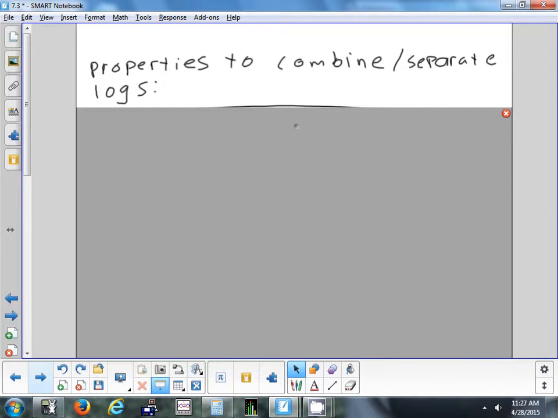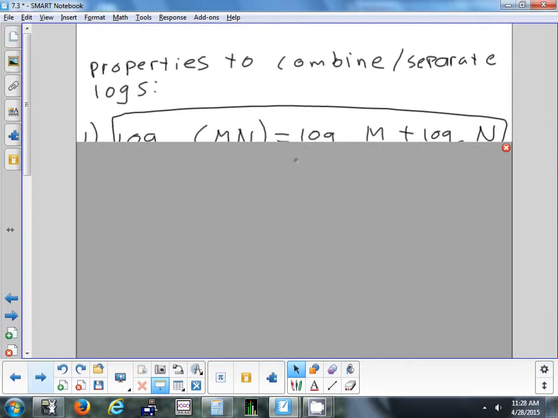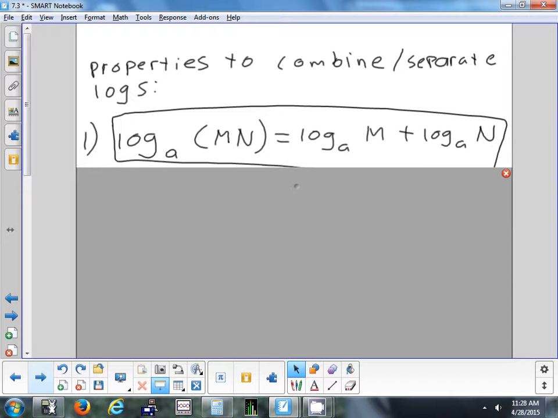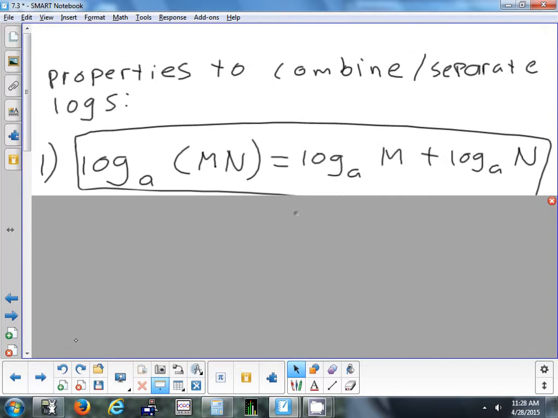All right. So this will be the last thing we do. For the rest of the class, we're going to look at how you can take logarithms that are separate and combine them, or ones that are already combined and split them apart. And there's only 3 rules for combining and splitting logs. This is one of them.